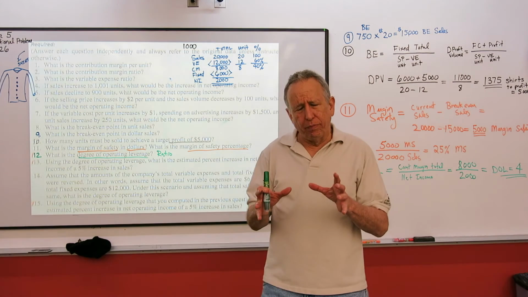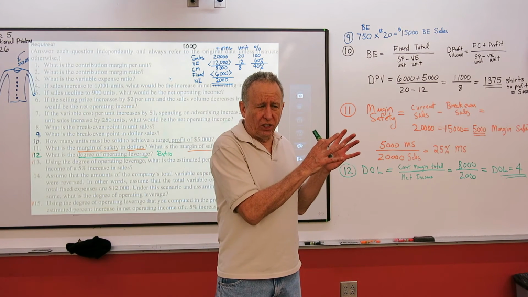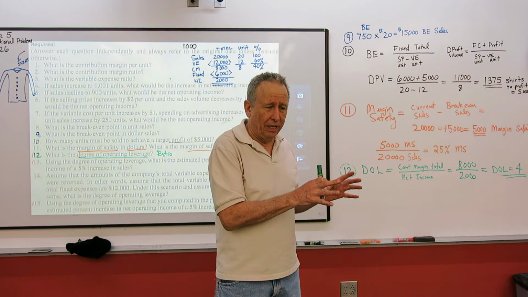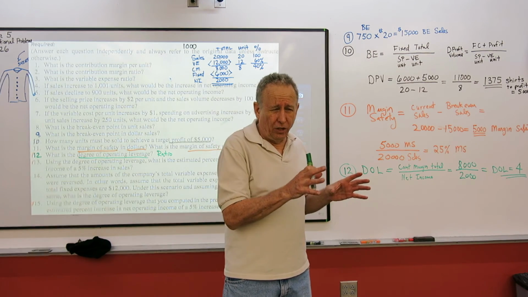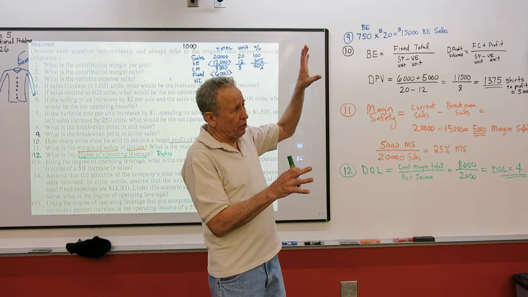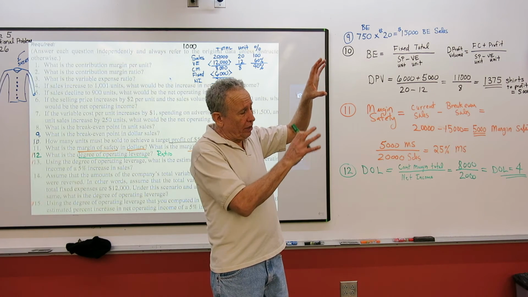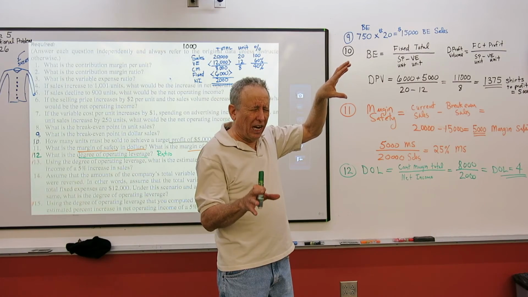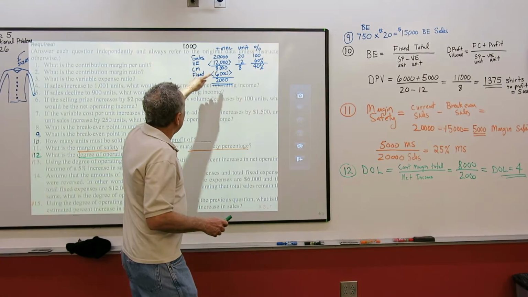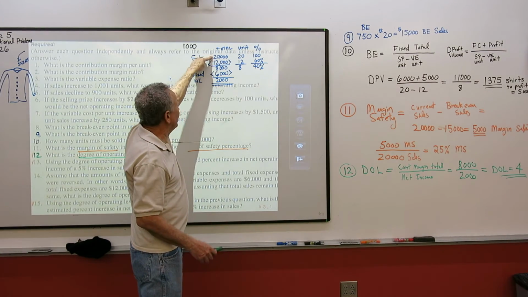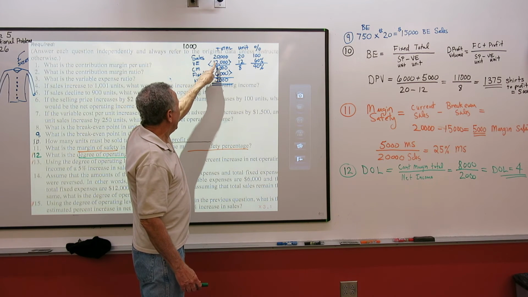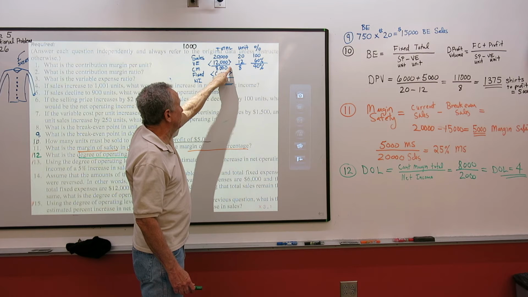Let's say that again. How can it be that if I have a 10% increase in sales, that I could have a 40% increase in net income? That really doesn't make sense. You would think that if you had a 10% increase in sales, that you would have a 10% increase in net income. But why is it that that's not true? Think about this. If sales goes up by 10%, variable expenses will go up by 10%, and contribution margin will go up by 10%.